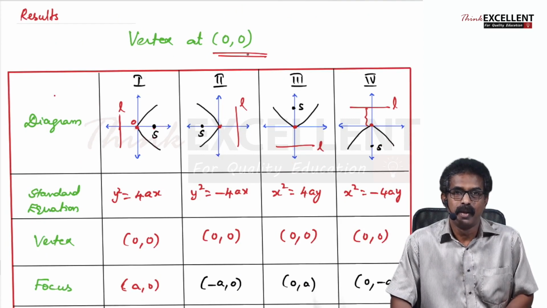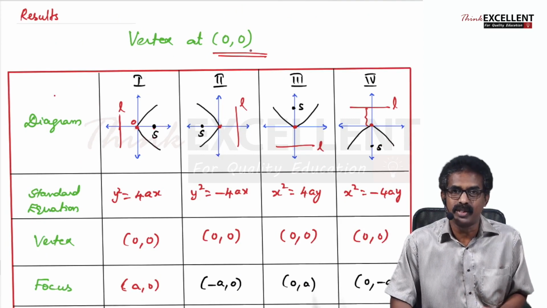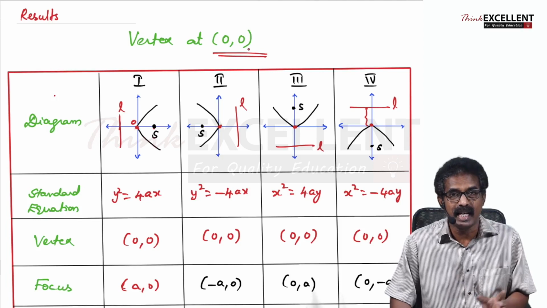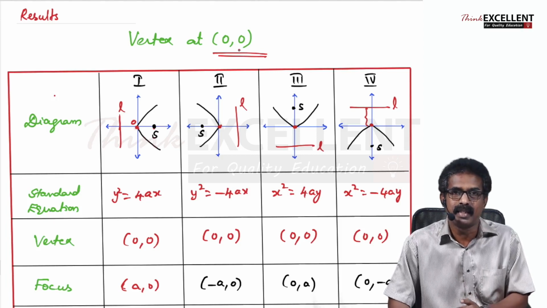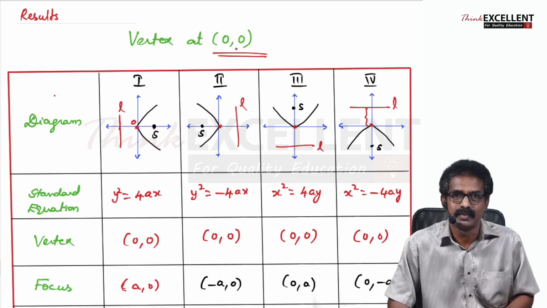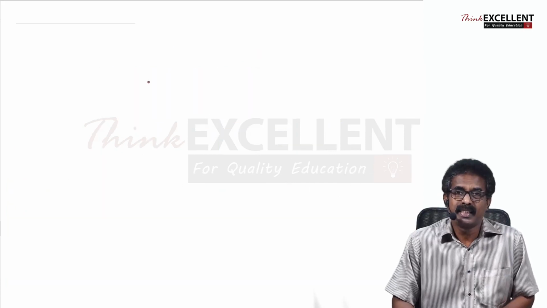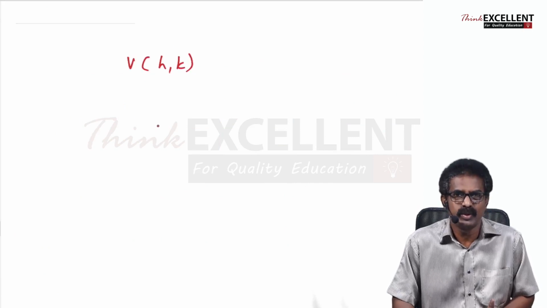So these are the results when the vertex is (0, 0). But when the vertex is not (0, 0) and is some other point (h, k), how do we write these results? It is a very simple thing; next we are going to see that. Some changes you have to make.